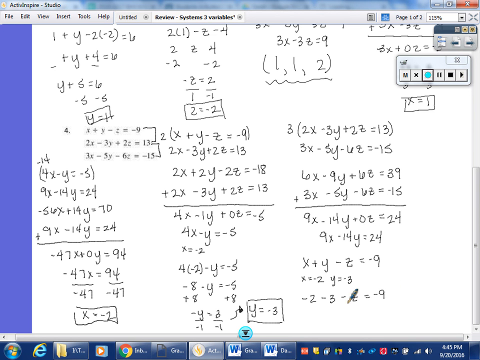Negative 2 minus 3 is negative 5. And then you add 5 to both sides, and you get negative z is equal to negative 4. Divide by negative 1. You get z is equal to 4. And so that's our third solution. The solution to this system, remember it's an ordered triple, is negative 2, negative 3, and 4.